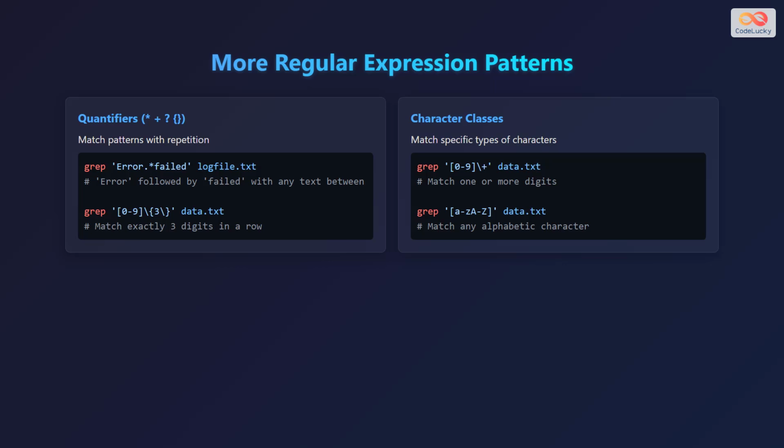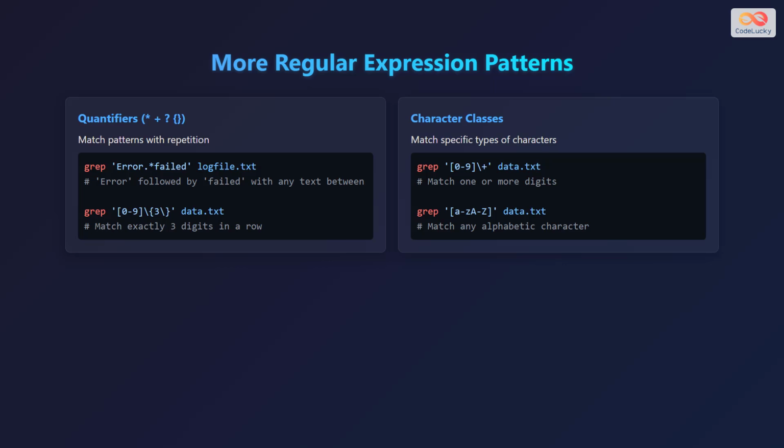For example, grep 'error.*failed' logfile.txt searches for lines where error is followed by failed, with any text in between. grep '[0-9]\{3\}' data.txt will match exactly 3 digits in a row.